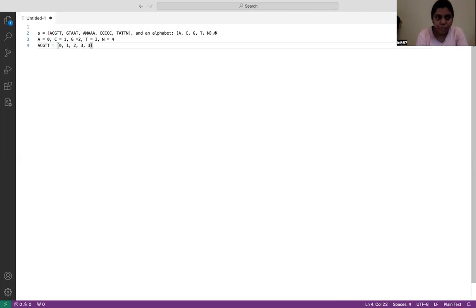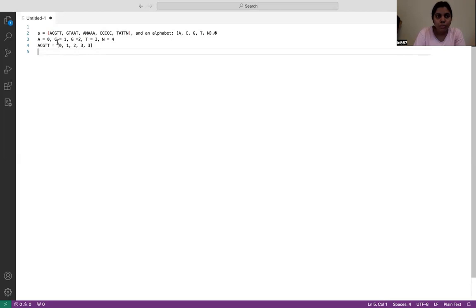The next alphabet is also T, so we represent it with 3 as well. Likewise, we convert each of these strings into Radix notation. By using this Radix notation, we can convert each string into a single number, which can also be called K.